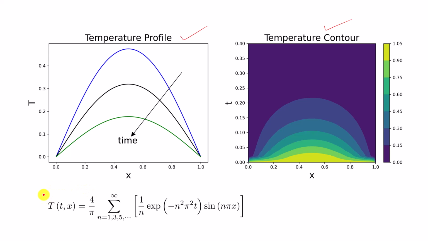So these are the ways you can plot this function. This is a two-dimensional array in discretized form, but this is a function of two independent variables, t and x.